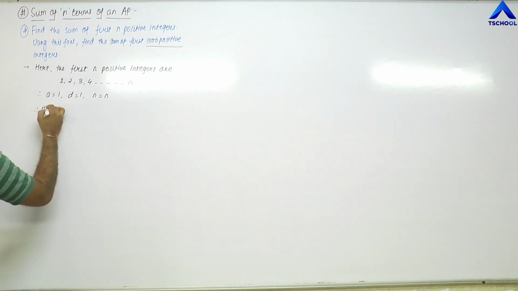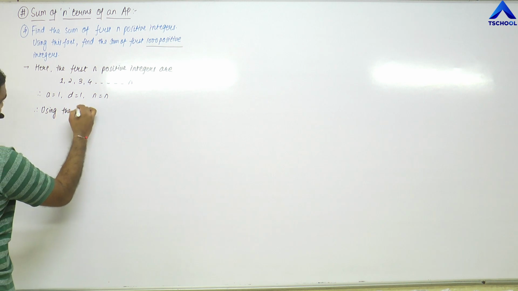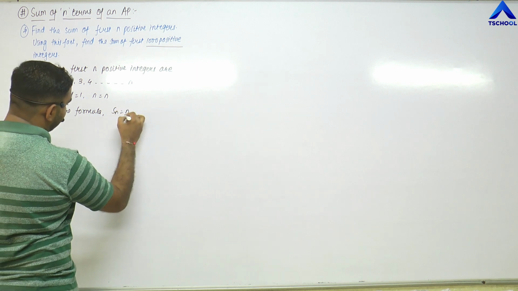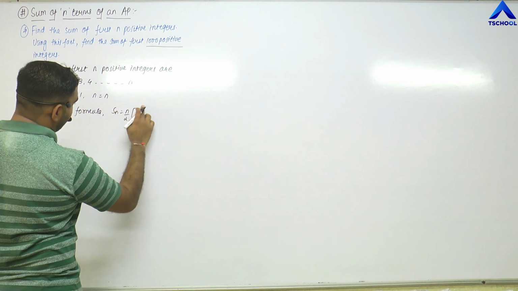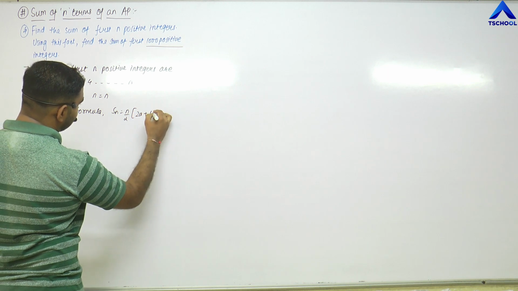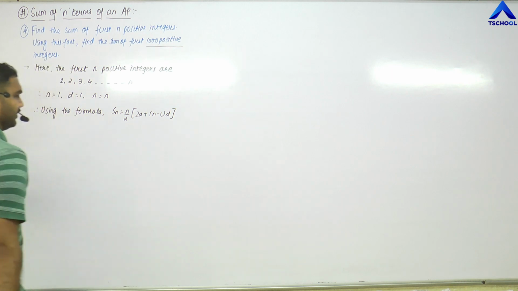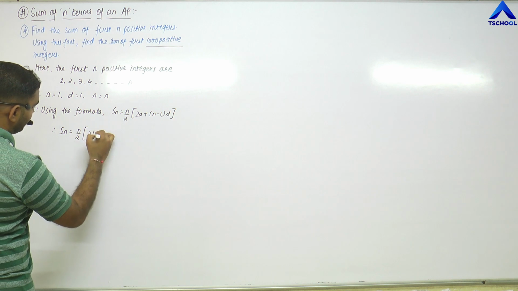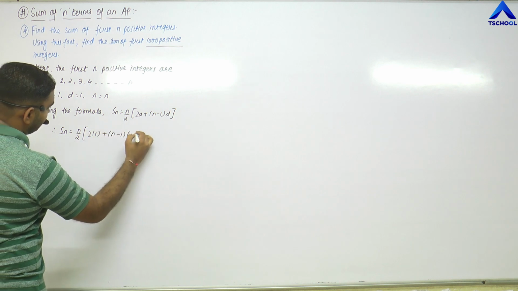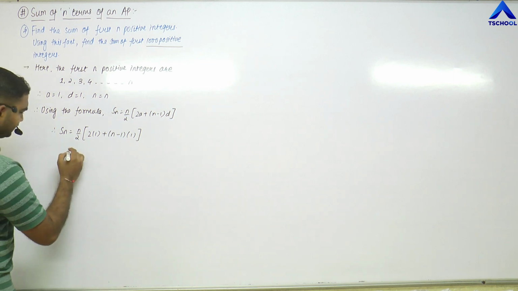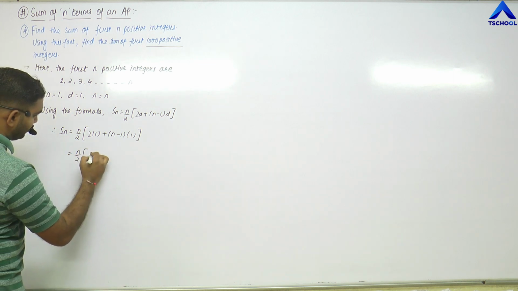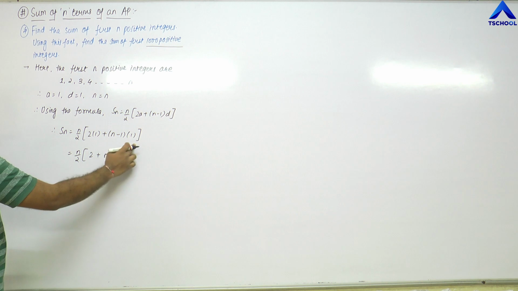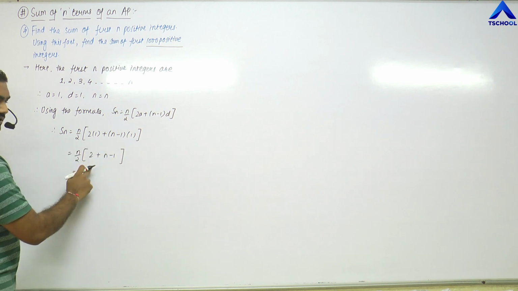Therefore, using the formula of Sn equals to n by 2 into 2a plus n minus 1 into d, Sn equals to n by 2 into 2 into 1 plus n minus 1 into 1, right? That will give me n by 2 into 2 plus n minus 1. Is it clear, friends? Because n minus 1 into 1 is n minus 1 and 2 into 1 is 2.